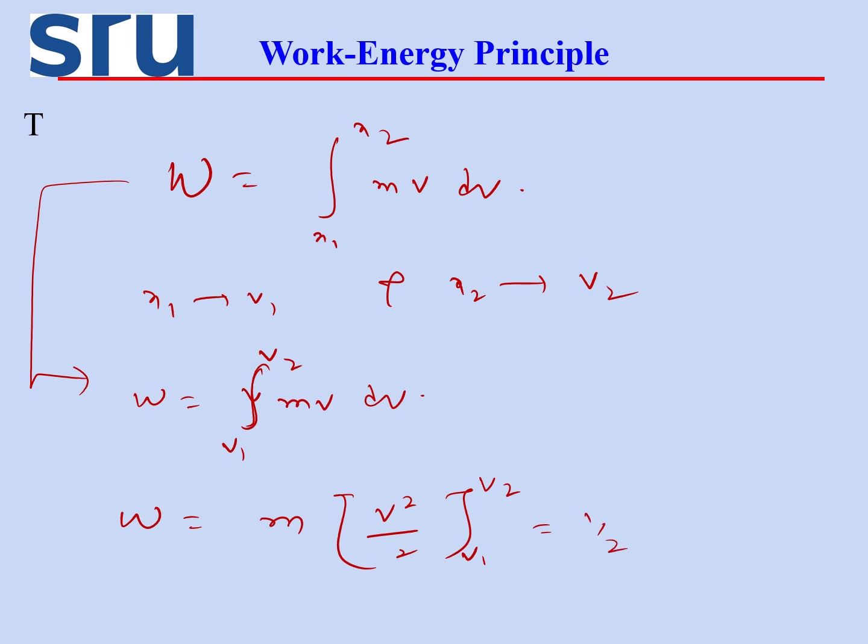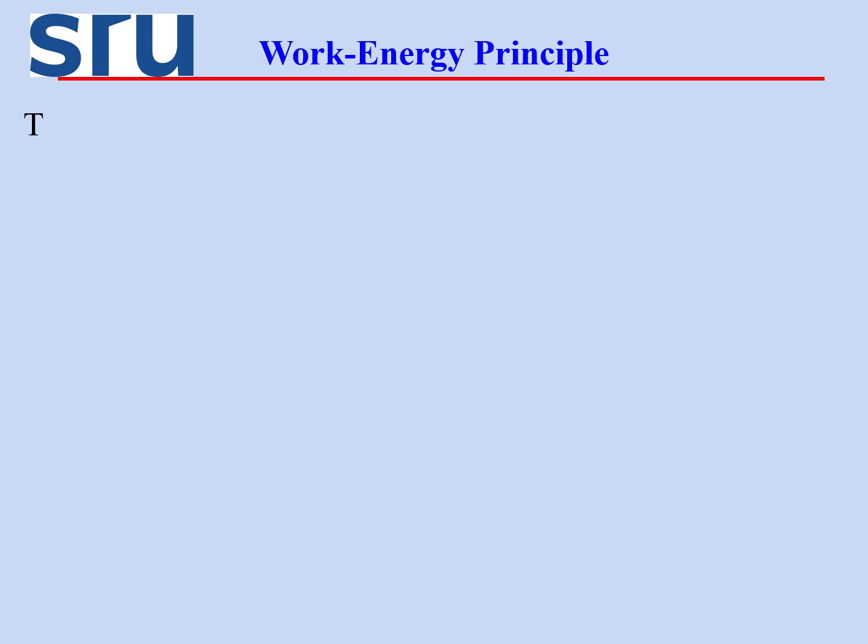Therefore half m (v2 square minus v1 square). So the work done is equal to half m v2 square minus half m v1 square.